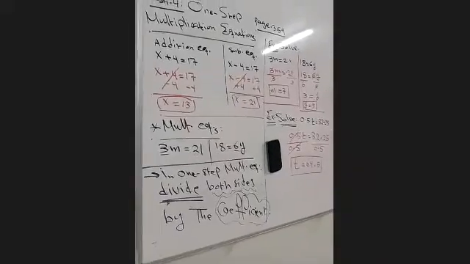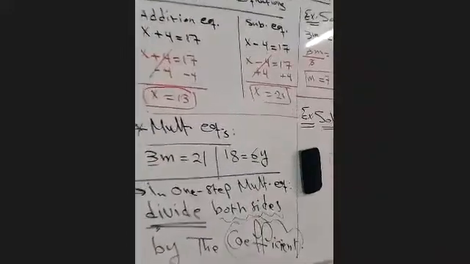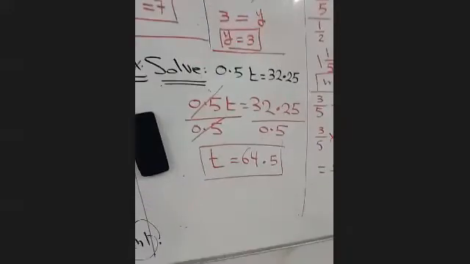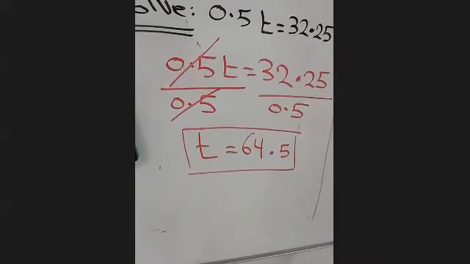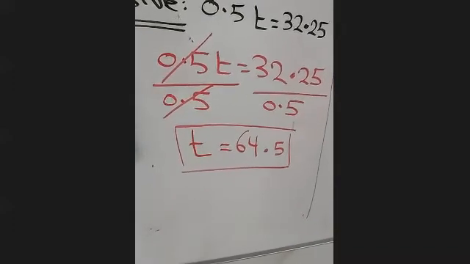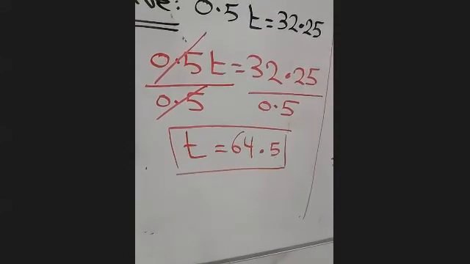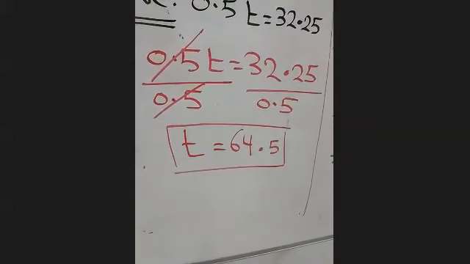Yusuf. Mister, you made a mistake in 0.5, in this equation, the division.